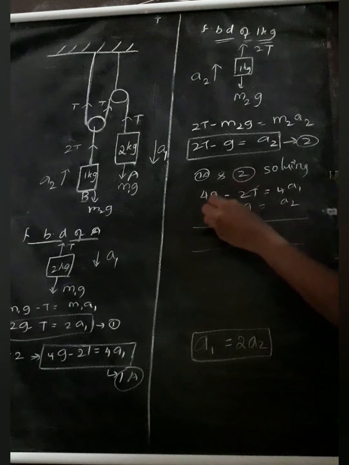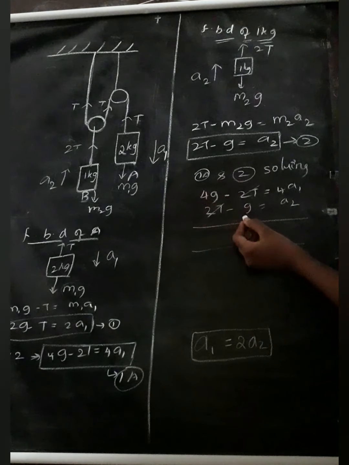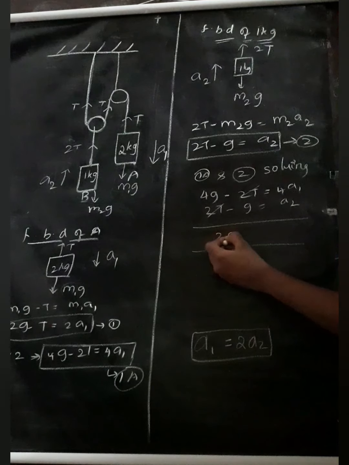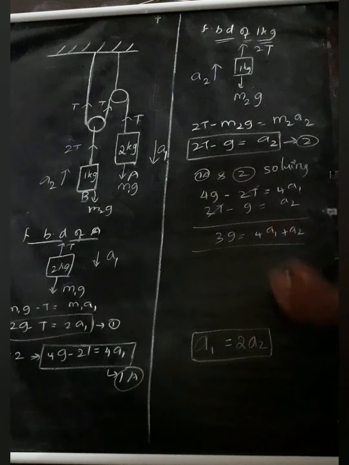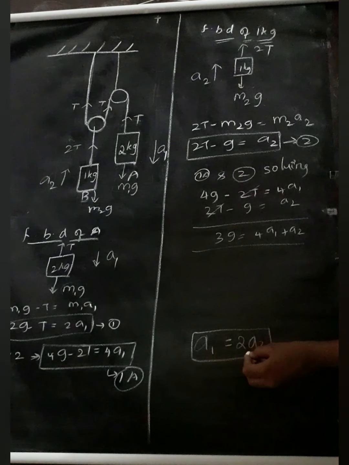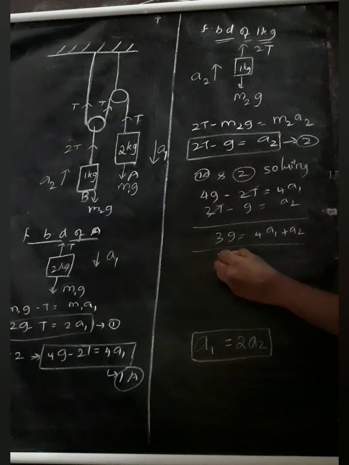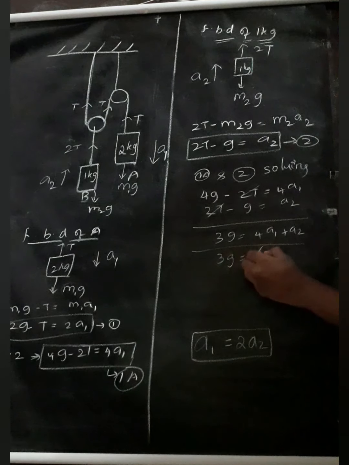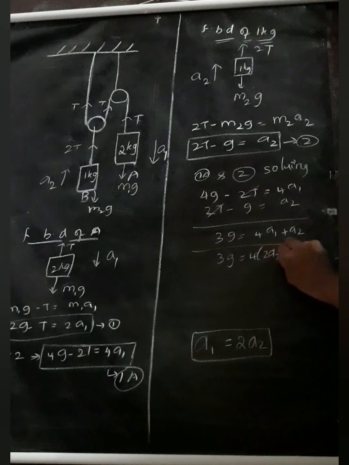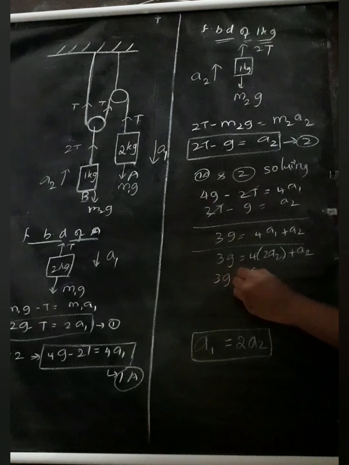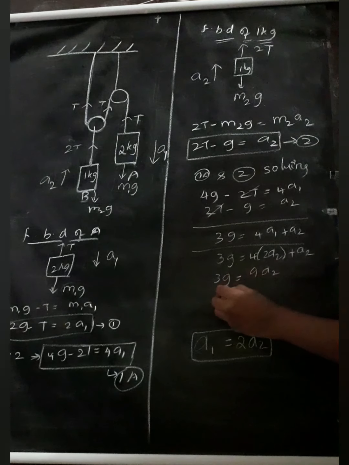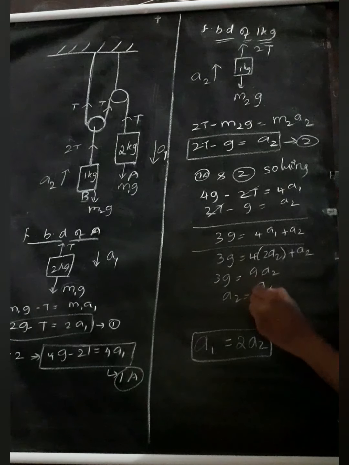Minus 2T plus 2T gets cancelled, and 4g minus g is going to be 3g. That is equal to 4a1 plus a2. We know that the value of a1 is equal to twice of a2. So 3g is equal to 4 into 2a2 plus a2. Then 3g is equal to 9 times a2. So a2 is going to be g by 3.